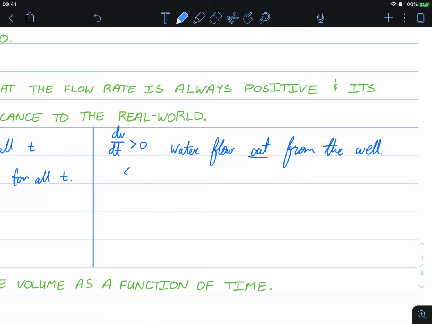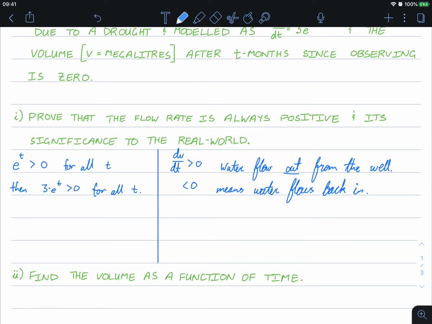If it's less than 0, that means the water flows back in. In which case, we're only measuring the water going outwards.